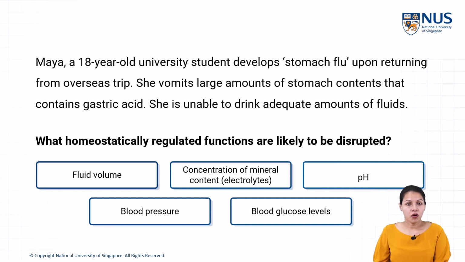And in vomiting, the example illustrates that the vomitus contains gastric acid. So when a person loses gastric acid, the pH of the body is likely to be disrupted. And when an individual loses a lot of fluid, the blood pressure is going to be low. And also a person unable to eat and drink adequately will have derangements in the blood glucose levels, that the blood glucose level will be low.